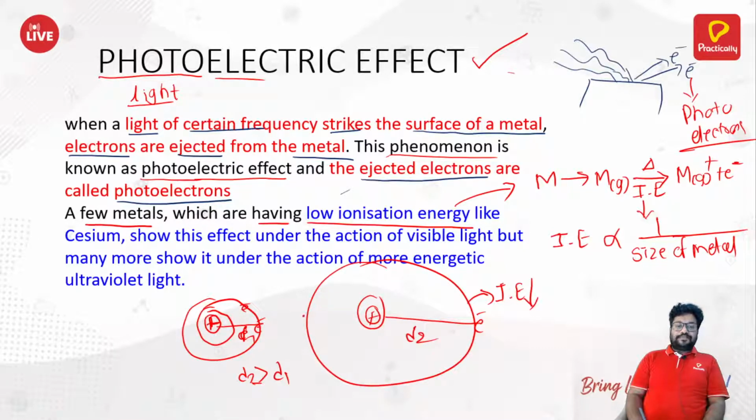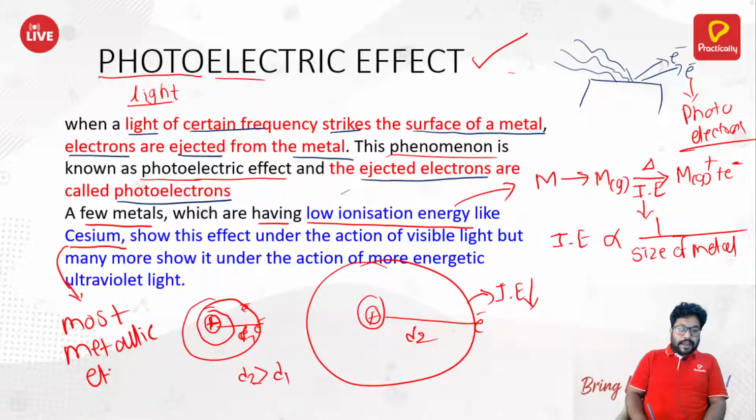If ionization energy is less, the metallic character is very high. There are some metals which have very low ionization energy, like cesium. Let me tell you for your information, cesium is the most metallic element in the periodic table.